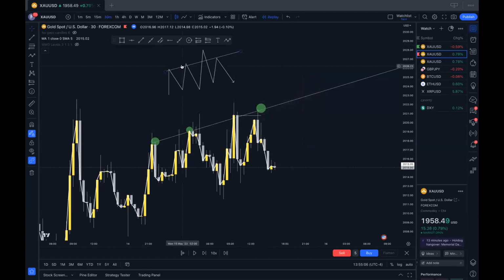A hint for you guys for risk management: if you're trading a prop firm or a large position size, when you trade these types of setups and you see this rejection, you don't really go into much drawdown.